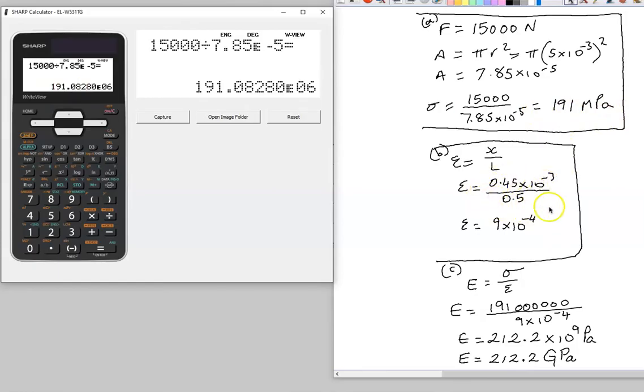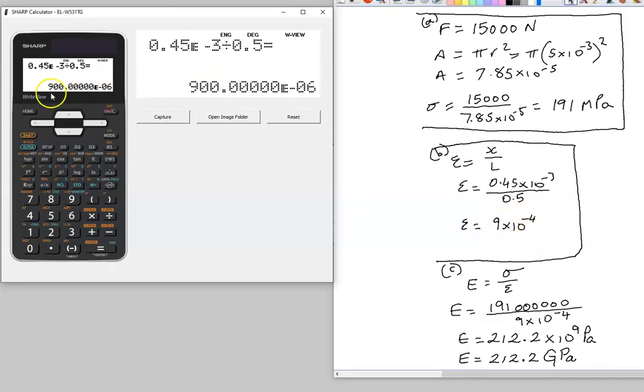On this one, I'll show you how to put that in, so clear the calculator. 0.45, and it's to the minus 3, so EXP minus 3, all divided by 0.5, and we press the change button to get a decimal. So that's 900 to the power of minus 6, which is just the same as this.